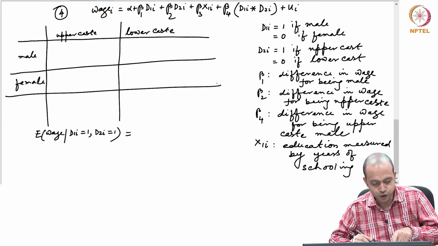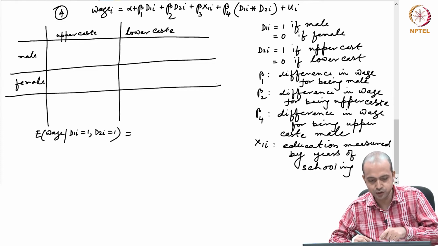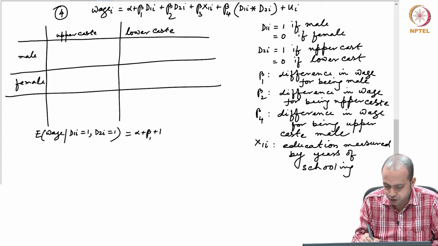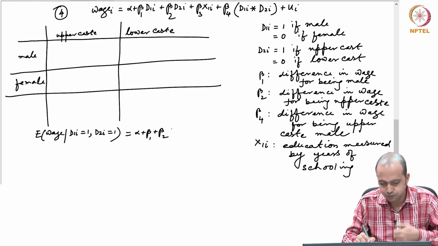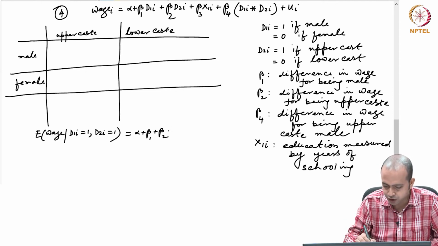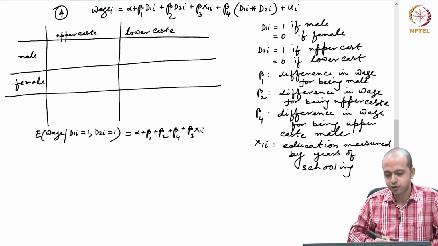So you put D1i equals 1, D2i equals 1, and you will get alpha plus beta 1 plus beta 2, and since you are putting 1 and 1, plus beta 4, plus beta 3 x1i.